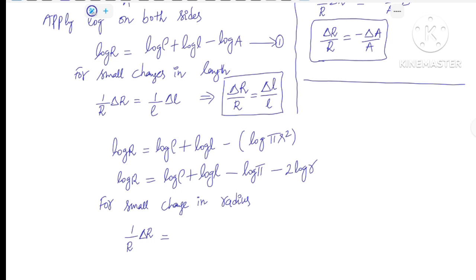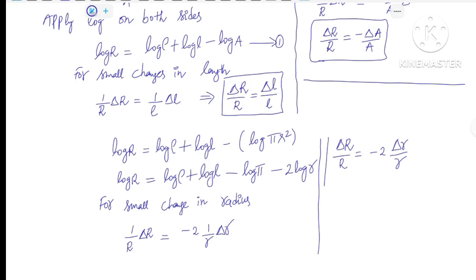Here we are concentrating only on small change in radius. That's why if you take the differentiation for minus 2 log r, what you will get is minus 2 into 1 by r into delta r. Therefore, for small changes in radius, the change in resistance is given by delta R by R is equal to minus 2 into delta r by r.